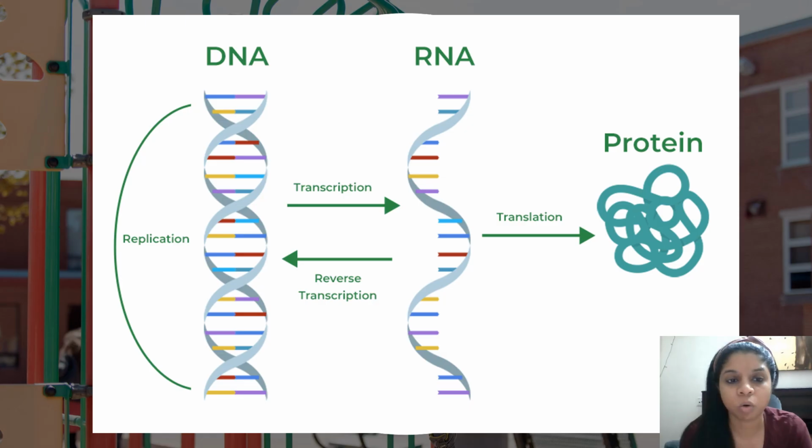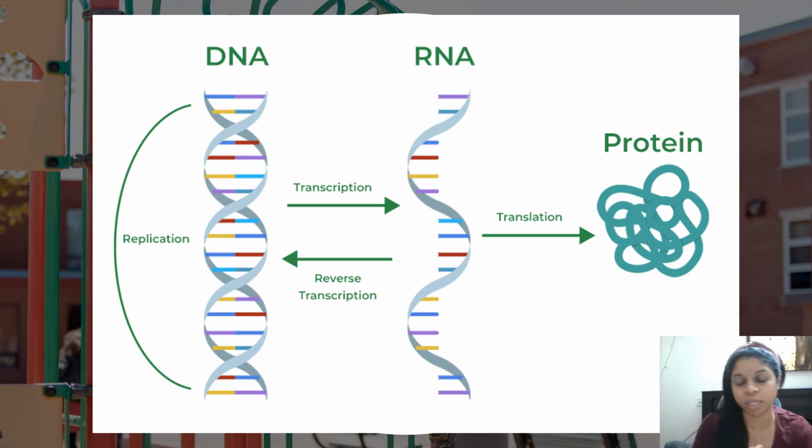So how does this go on? You either detect it at the DNA level, the RNA level, or the protein level. What usually happens in our body, the central dogma of molecular biology: the DNA first forms RNA by transcription, and then it forms protein by translation. And DNA can self replicate also. Whatever gene mutation has happened, it will be expressed at the DNA level, the mRNA level, or the protein level.